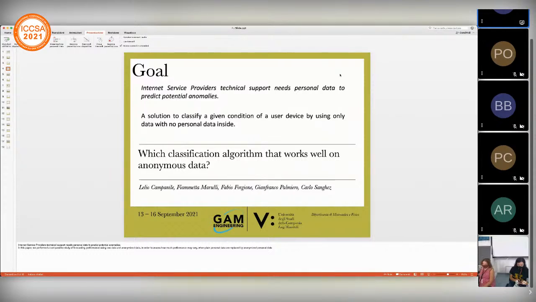Our goal was to find a solution to classify a given condition of a user device by using only data with no personal information inside it. The question was, is there a good classification algorithm for our purposes? Which classification algorithm works well on anonymous data?